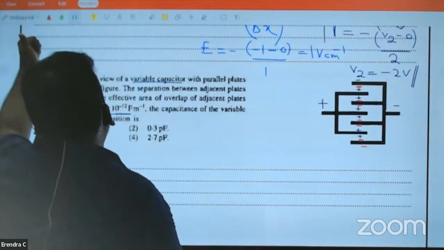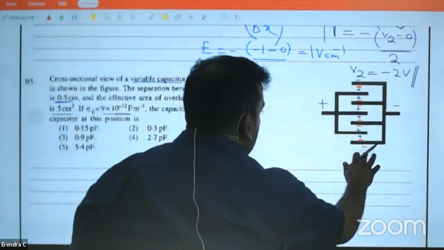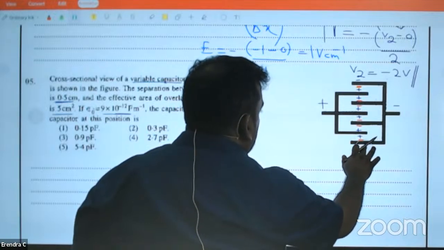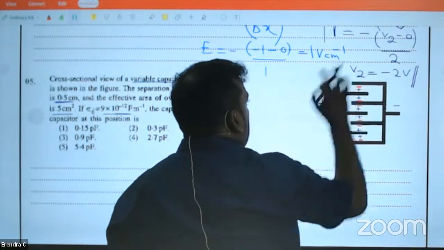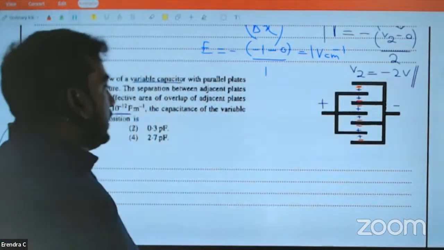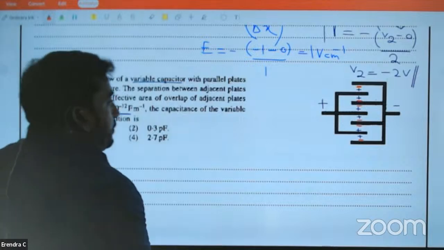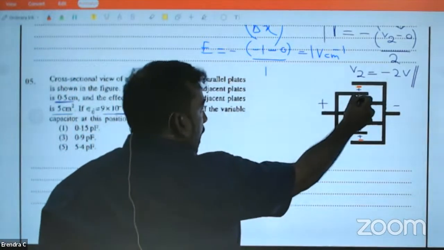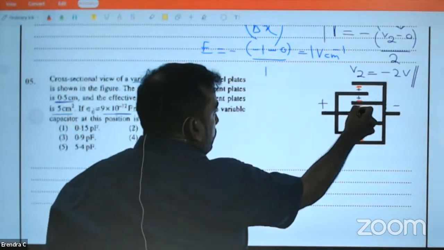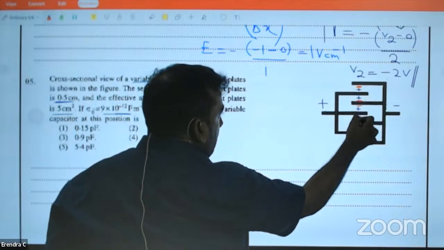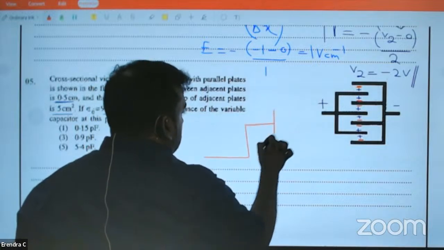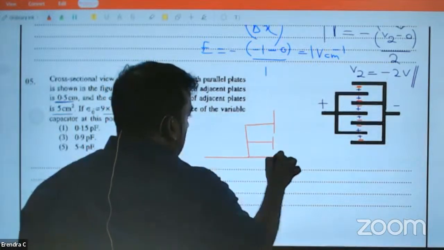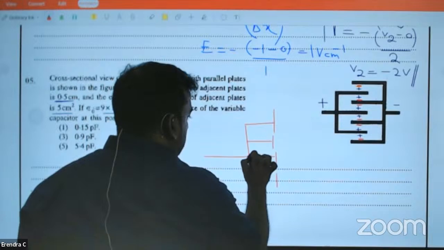So you put the plus and minus and go. Now what? Very simple. How many positive plates are there? 1, 2, 3, 4, 5, 6 positive plates.